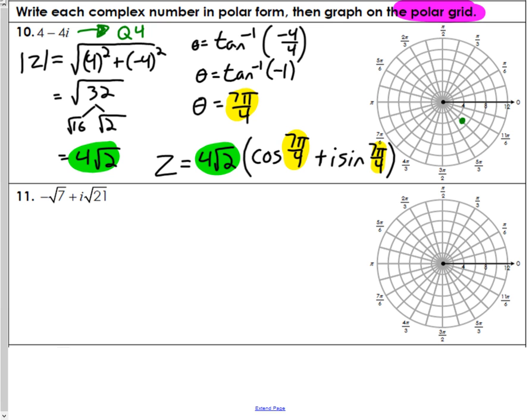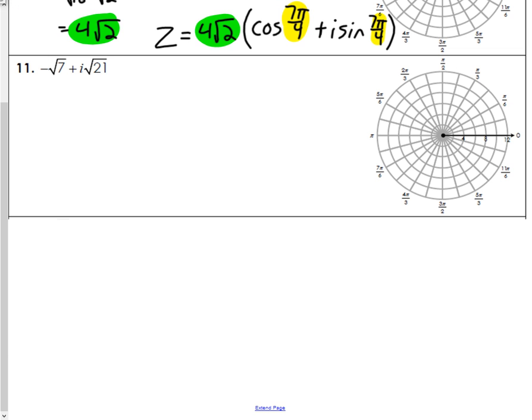So we can go ahead and do one more example of these, taking a look at number 11 here. It's going to have some slightly uglier numbers. Nothing we can't handle. So once again, we want to start with that modulus. So finding that modulus, that absolute value here, that's going to be the square root. Our numbers are going to be pretty ugly. It's going to be all right.